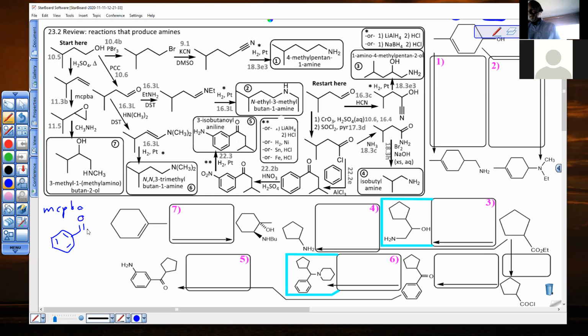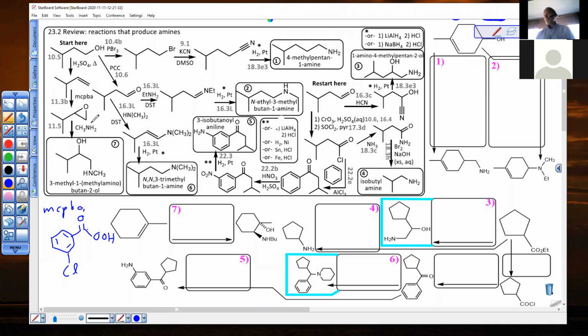That's the P. So it's OOH. And in the meta position, we have a chlorine. Meta-chloroperbenzoic acid. And there we have it. And it makes an epoxide from an alkene.